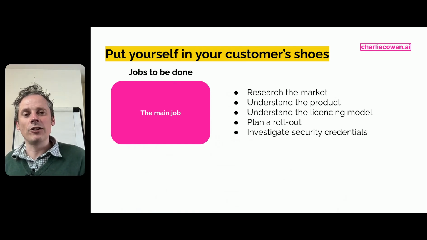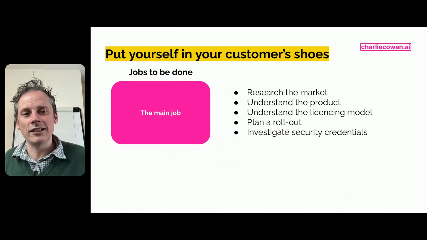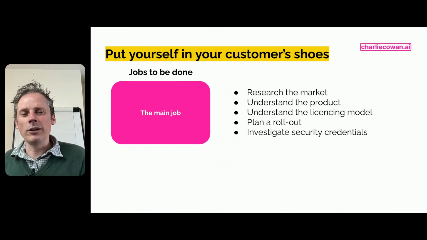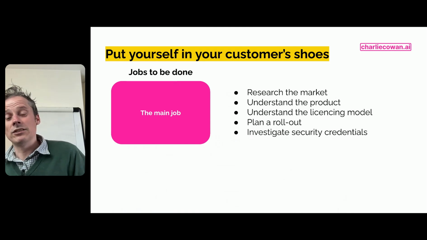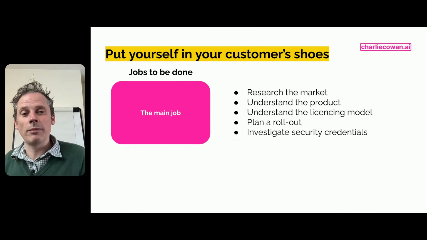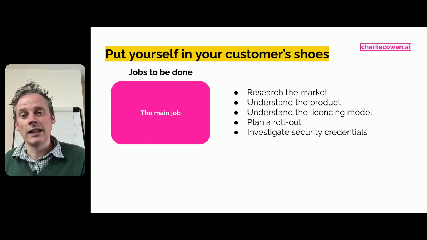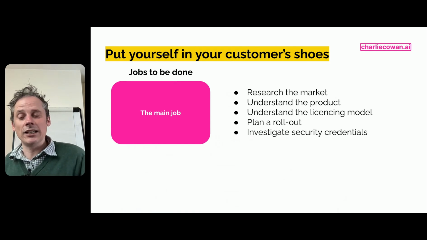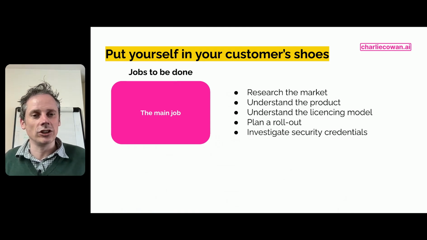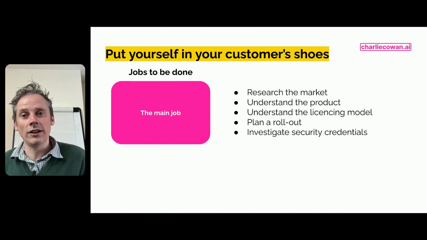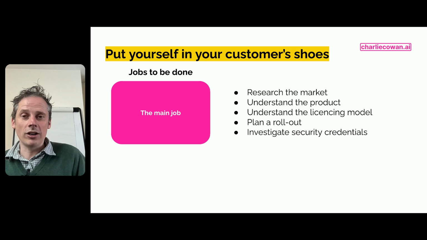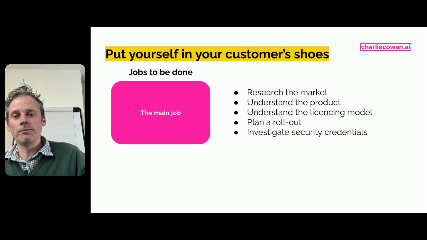They're trying to learn about your product without having to speak to an SDR or a salesperson. They're probably trying to understand your licensing model and the implications of that for their own organization. They might, later on in the process, start to think about planning a rollout, who needs to be involved, the roles and responsibilities. They might need to be investigating your InfoSec security credentials, ISO 27001. So these are the jobs that that person is trying to perform.